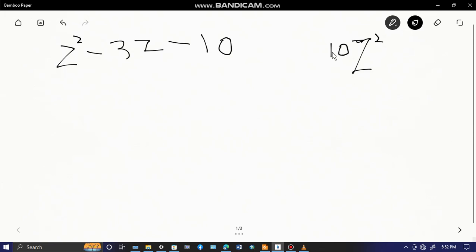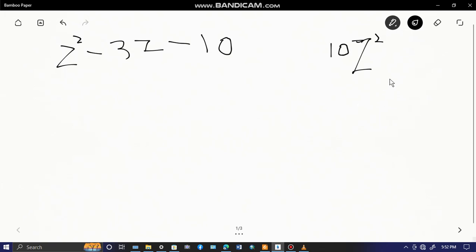Now you find factors of 10, which when you multiply will give you 10, but when you add, they will give you 3. Now we're looking at adding or subtracting. Whether you add or subtract them, they should give you a 3.